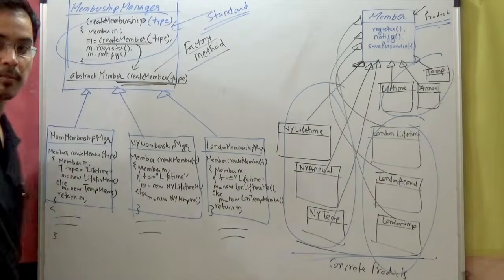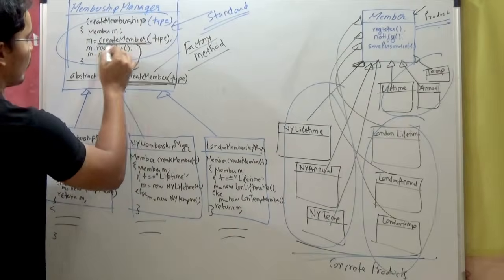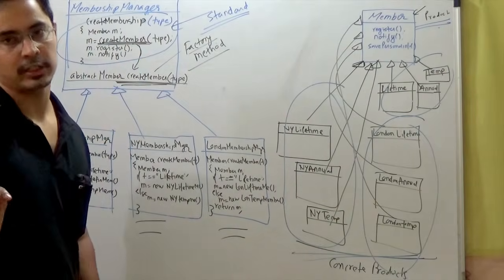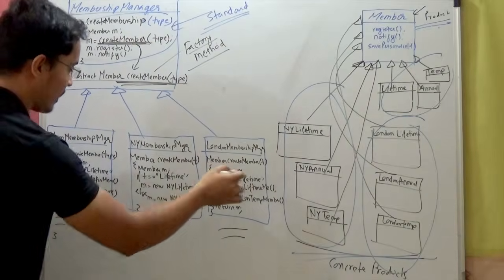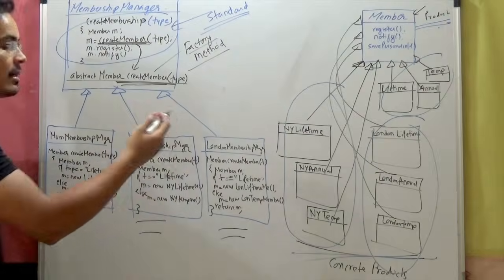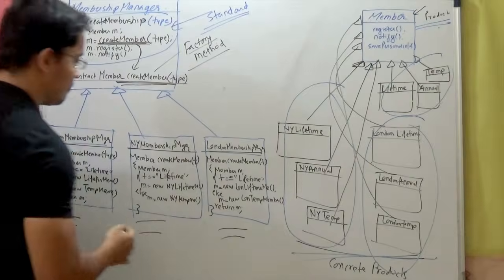So your concrete method in your abstract client will require a factory method for its operation, right? And that factory method implementation will be given separately or differently by different client classes. So these are your different managers, right?